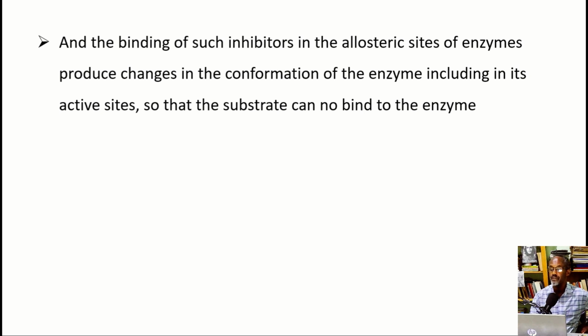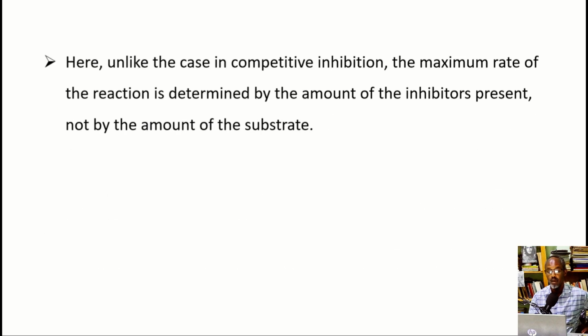This makes the enzyme inhibited temporarily, but in a non-competitive manner, because the inhibitor is attaching not to the active site but to another site, a special pocket, known as the allosteric site.